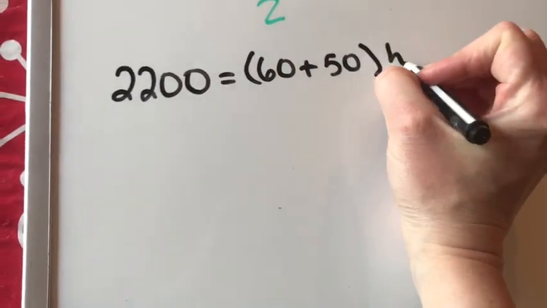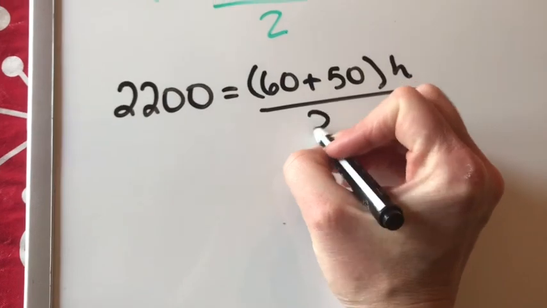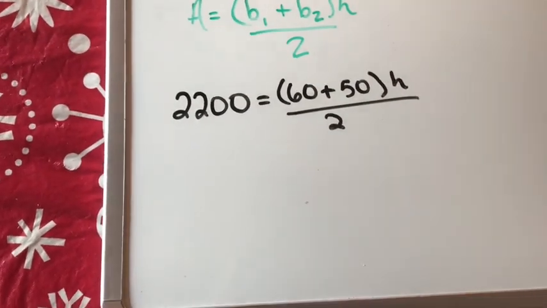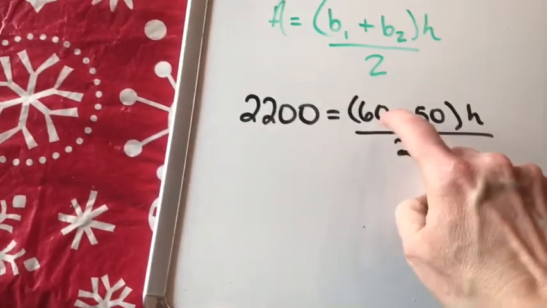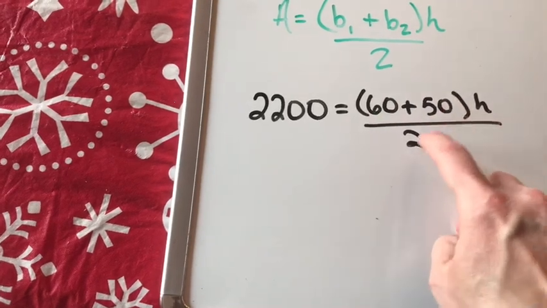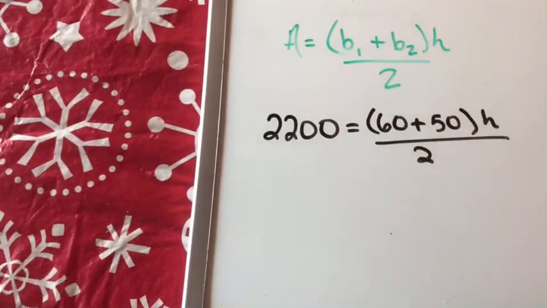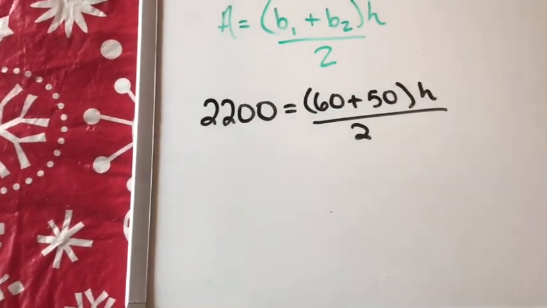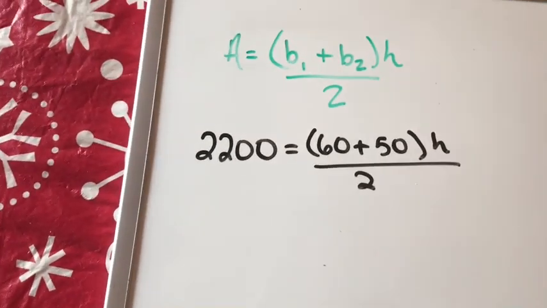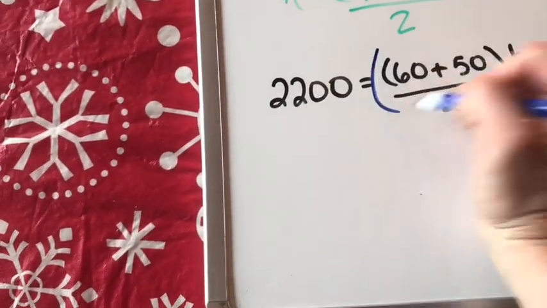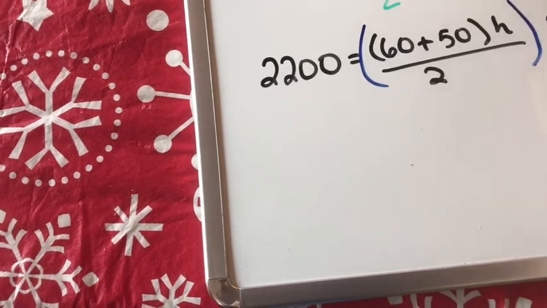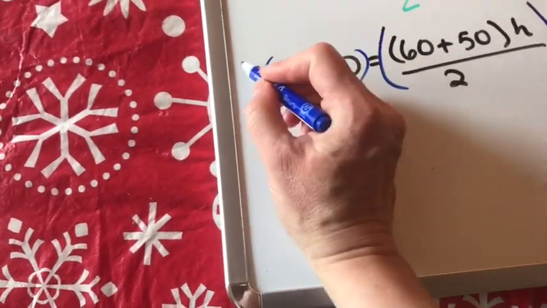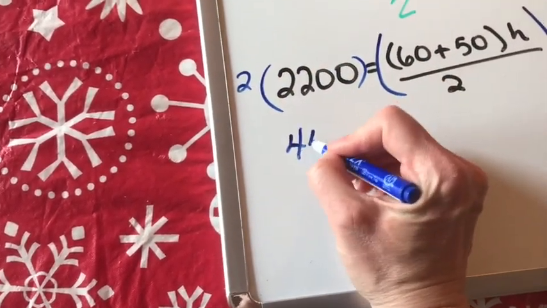We don't know the height, and then we're going to divide that by 2. A couple ways we could do this. We could add 60 plus 50 and divide by 2, or we could multiply both sides by 2, which I think most of you would probably do first just to get rid of that 2. So I'm going to multiply both sides of this equation by 2, and then I get 4,400.